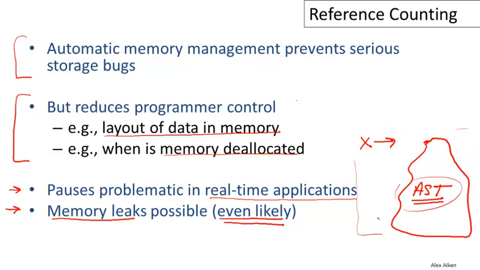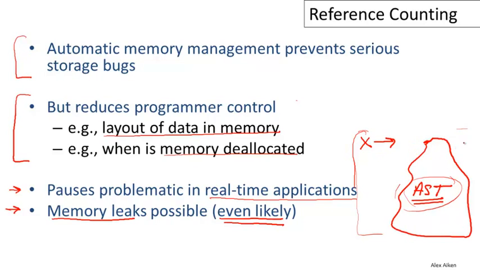So let's say that we have converted from the abstract syntax tree to an intermediate language, and now all of our processing for the rest of the compilation is going to be on the intermediate language representation and generating code from that. And we never go back and look at the abstract syntax tree again. Well, the garbage collector doesn't know that you're not going to use the abstract syntax tree again in the future. And if you have a variable that's pointing to this gigantic data structure, even if you're not using it, it's going to hang around and is going to be using up memory.